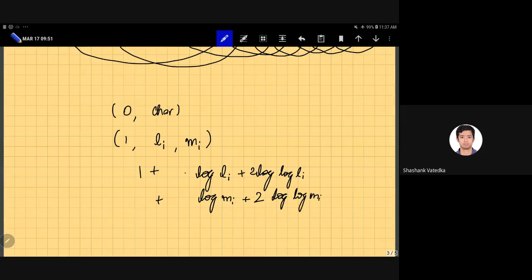So it turns out that roughly this number of bits actually suffices to encode this particular phrase.